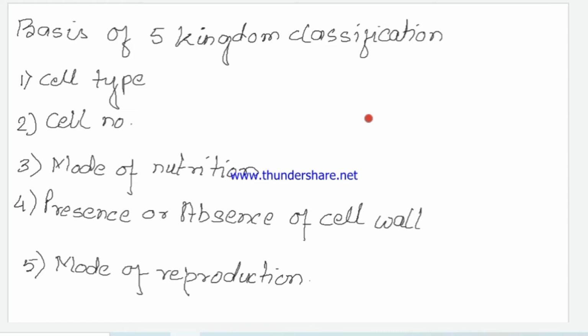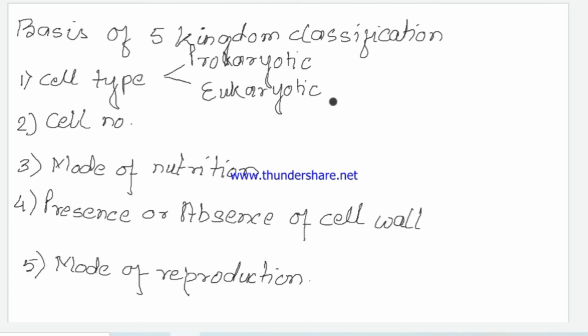So what was the basis of the five-kingdom classification? The organisms were classified according to the cell type. You must be knowing there are two types of cell: prokaryotic and eukaryotic. So, all prokaryotic organisms were grouped together and eukaryotic organisms were grouped together.